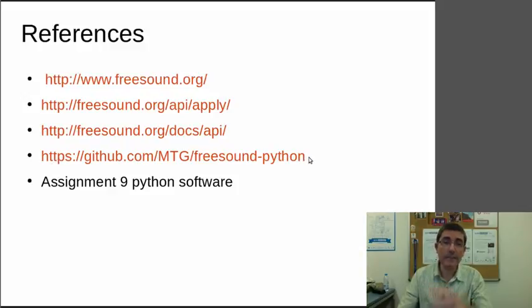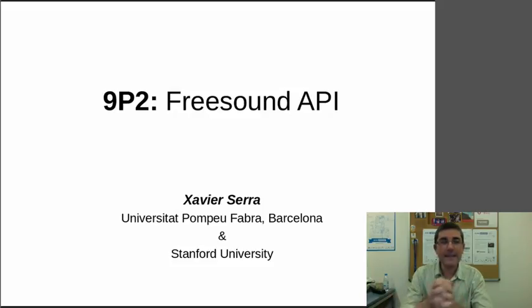That is a Python wrapper to the API, so we have access to the different resources of Freesound through the API. And finally, we use two Python software files that in fact come from assignment 9, from this week's assignment. So if you want to reproduce what I just did, you should look at the assignment and get that piece of code. And that's all.